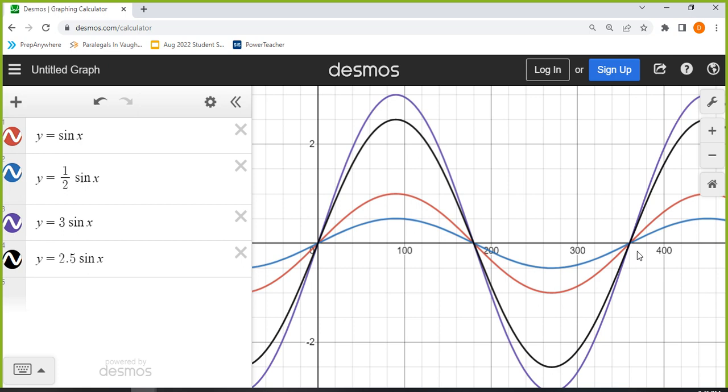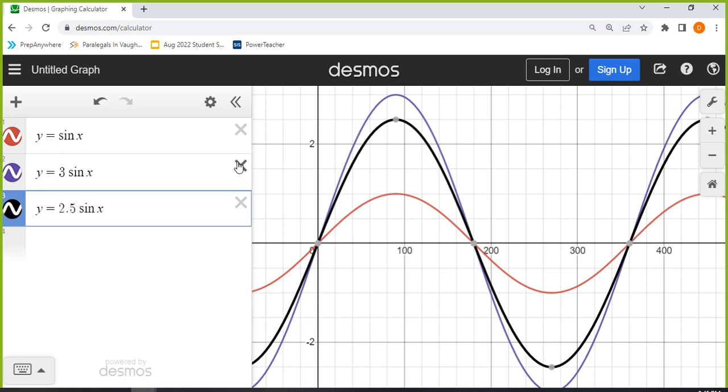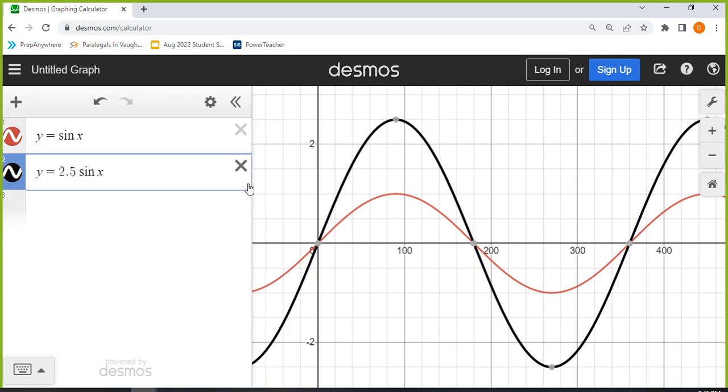One complete cycle for all of these different graphs happens at 360 degrees. So the amplitude doesn't affect the period. Or sorry, the a parameter, the stretch or compression, doesn't affect the period.